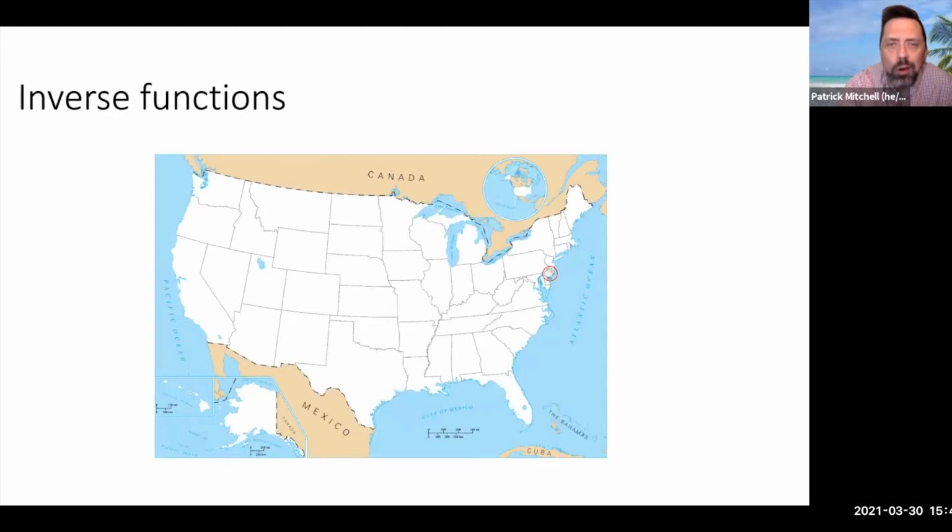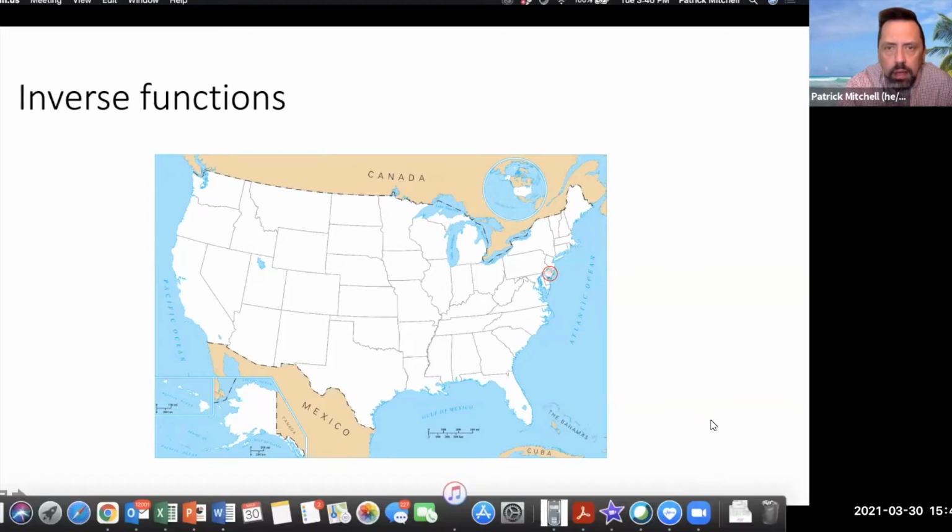All right, so back to my favorite analogy, the same one that I used for the composition of functions. Let me show you how I do this with my airplane analogy.